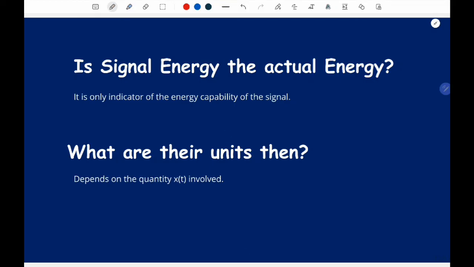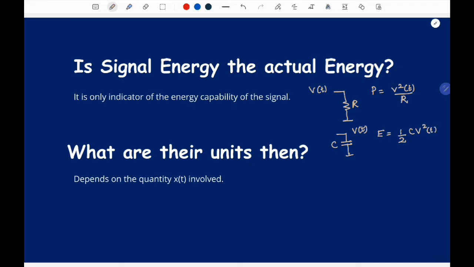So what it means is, suppose you have a voltage V of t flowing through a resistor R. Then the power is given by V square of t by R, correct? And second example, if we take a capacitor of value C which stores a charge such that the voltage is V of t, then the energy stored in the capacitor is half C V square, correct?